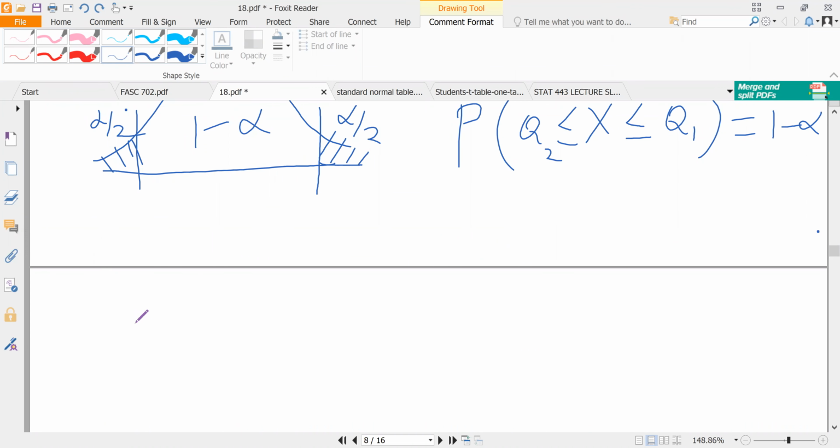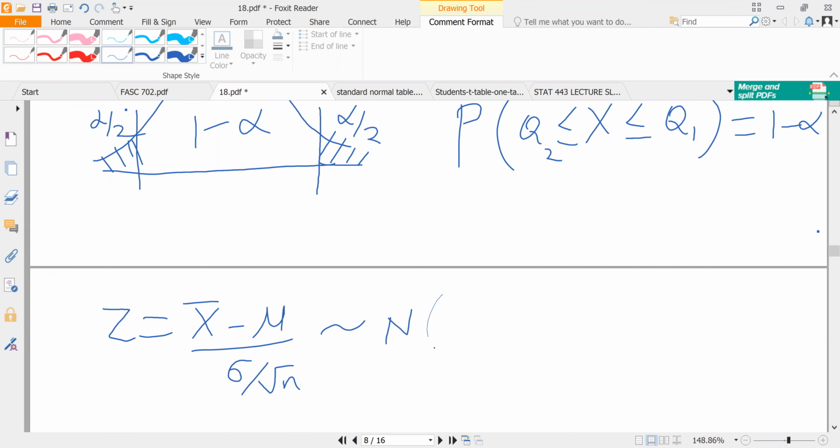One was Z equal to X bar minus mu all over sigma over root n, and this had a standard normal distribution.